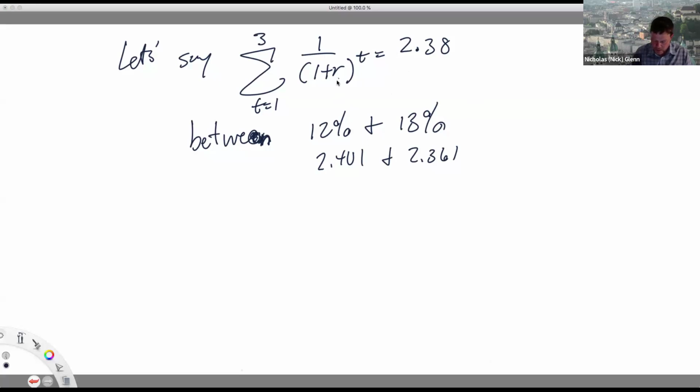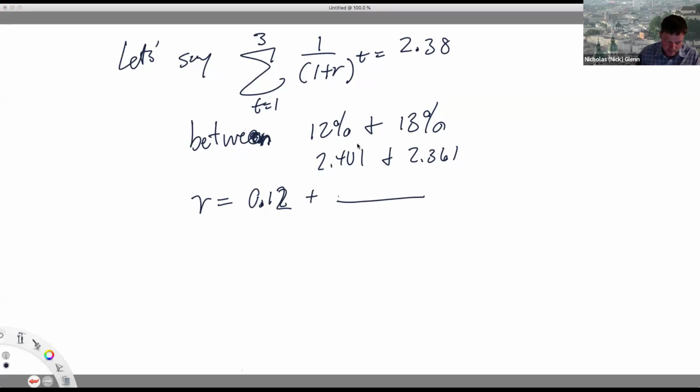Well, we use this table, and we saw that, because 2.38 is between these 2 numbers for 3 years, it gave us between 12 and 13%. So now let's find the exact amount. We know it's at least going to be 12%, so 0.12. But we've got to add something to it.